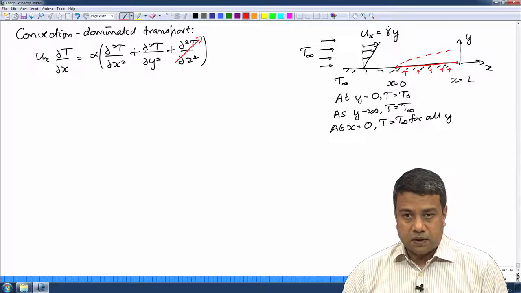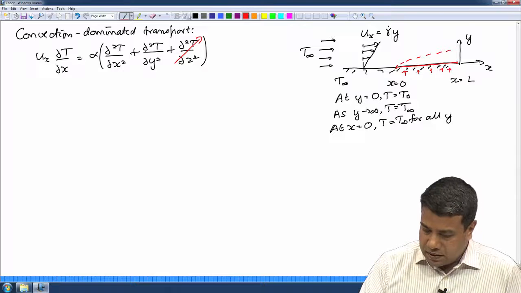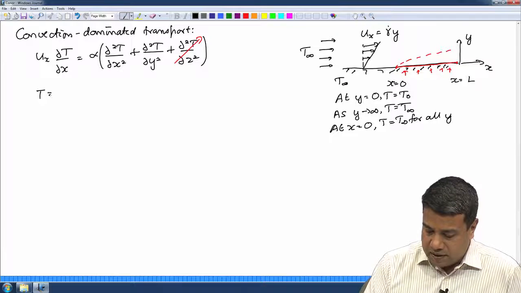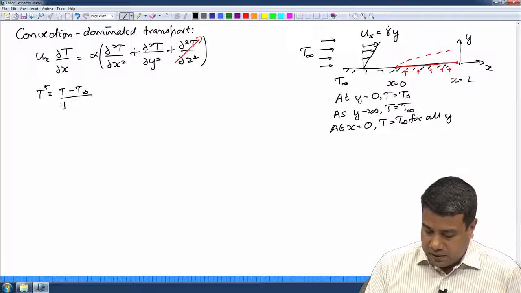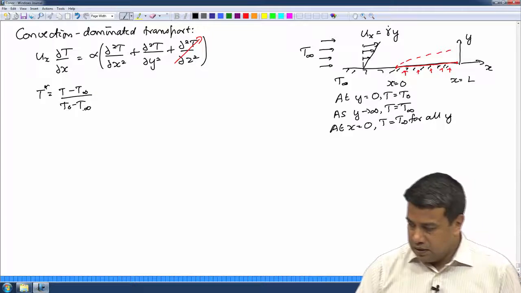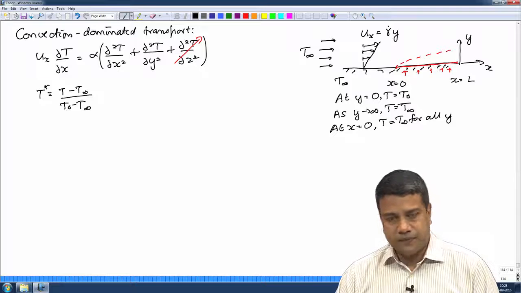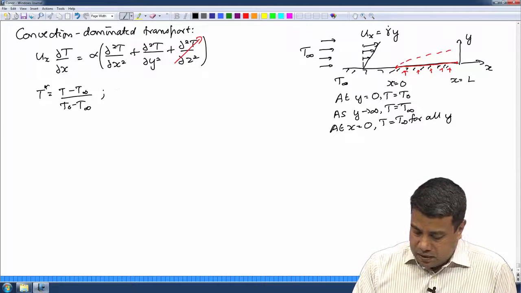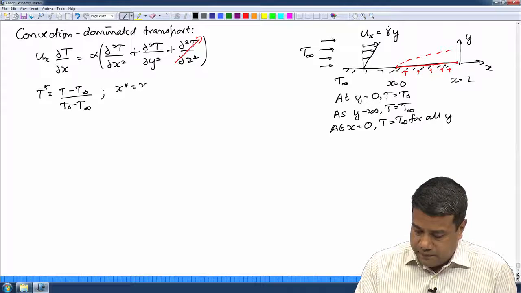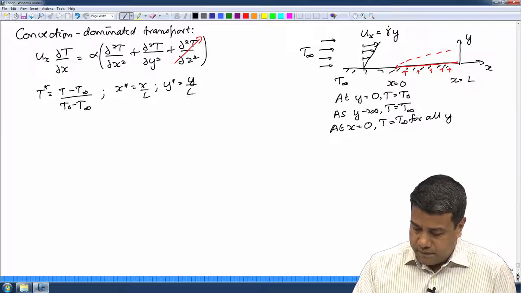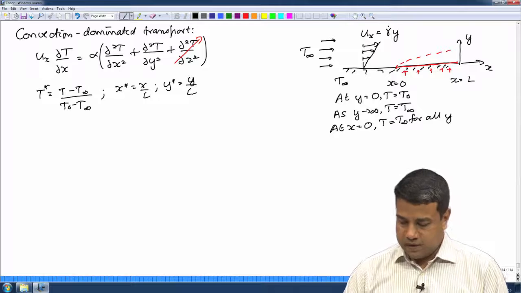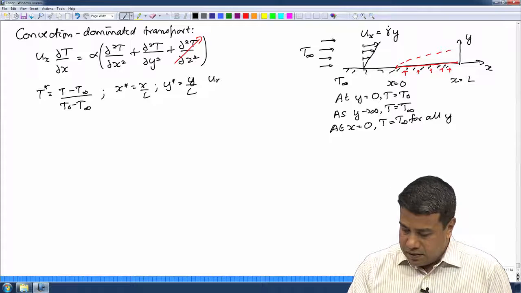So, then we scale coordinates. The natural scaling for temperature is T star equal to T minus T infinity by T naught minus T infinity, the scaling that we have always used. Then the length scales, and ux star.